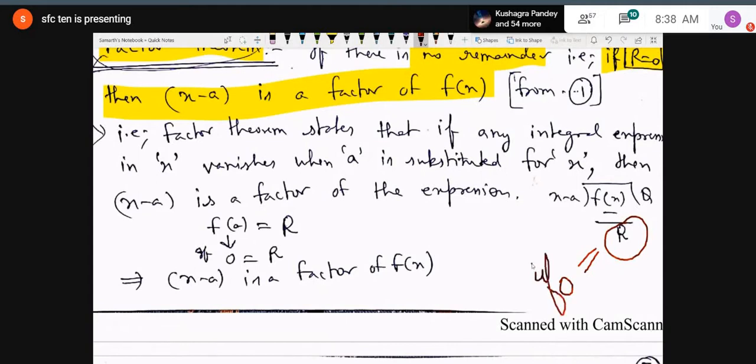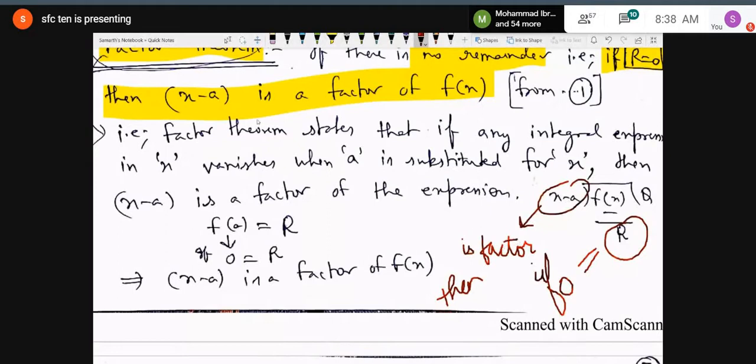If the remainder is 0, then the divisor is a factor of the given rational integral function in x. And if the remainder is not equal to 0, then you can make use of the remainder theorem and find the value of the remainder.